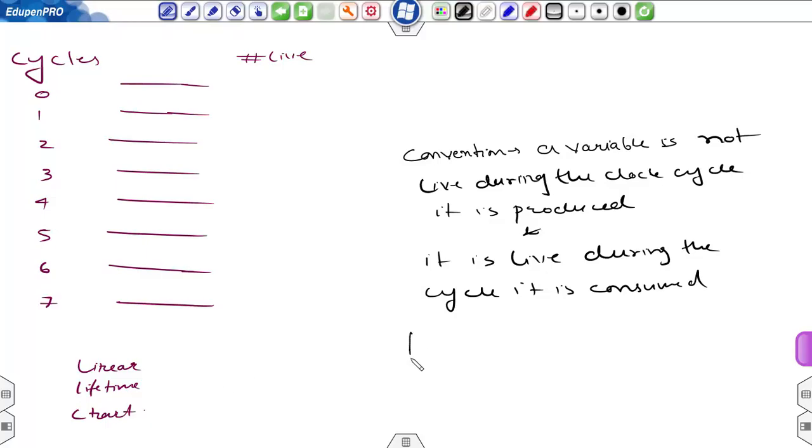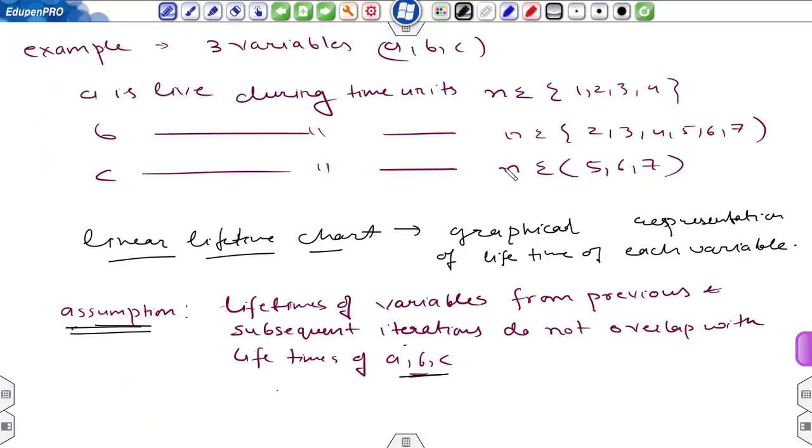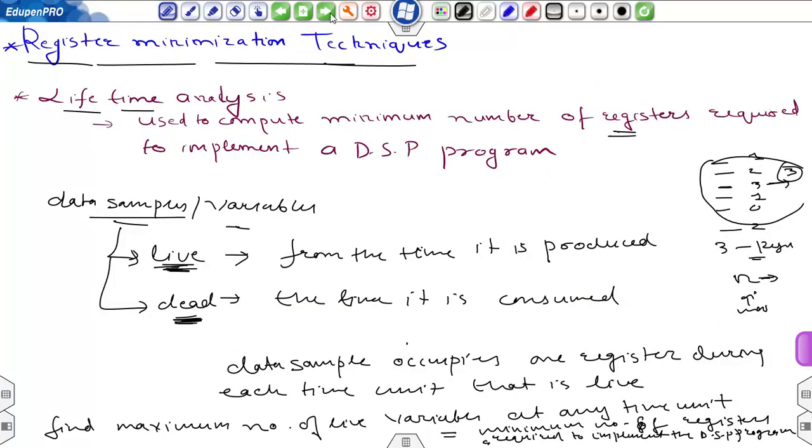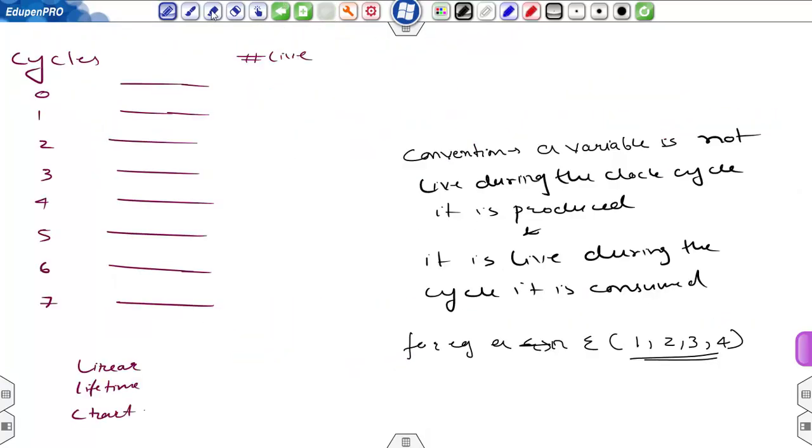Okay, so for example, variable A is live during time units 1, 2, 3 and 4. This means that it was produced in the 0th cycle.